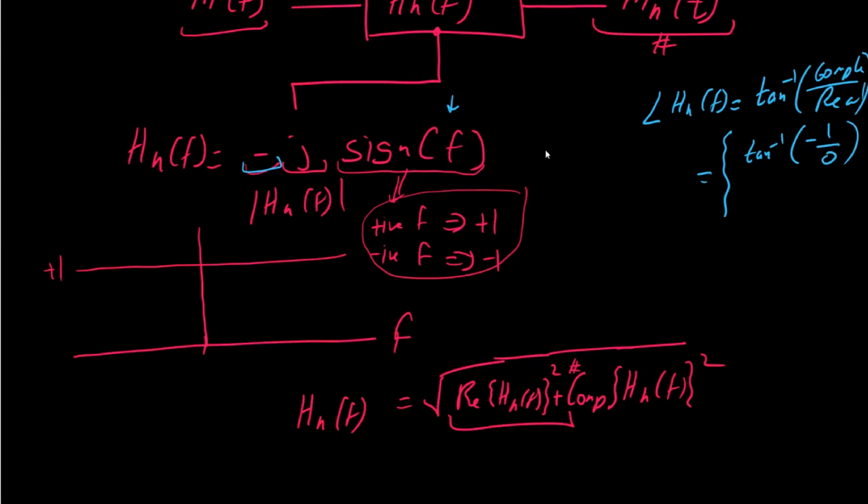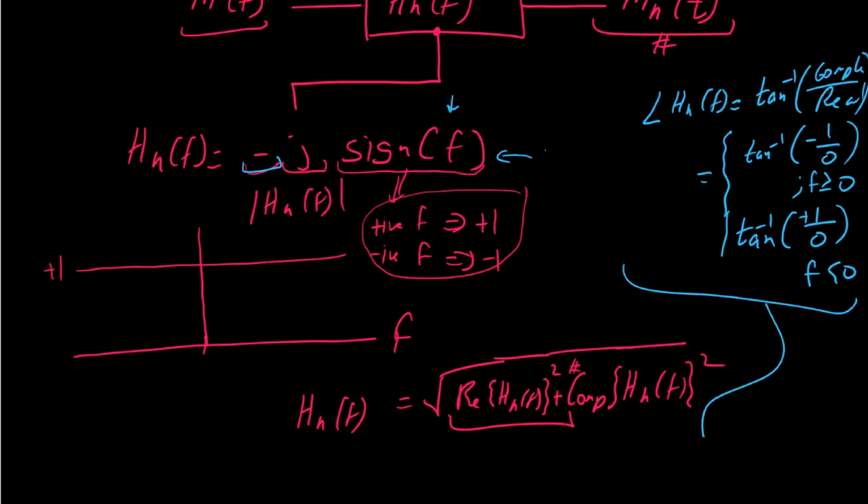That is, if f is greater than or equal to 0, and it would be tan inverse of 1 by 0 if f is less than 0. Why +1 over here is because of the sine function.